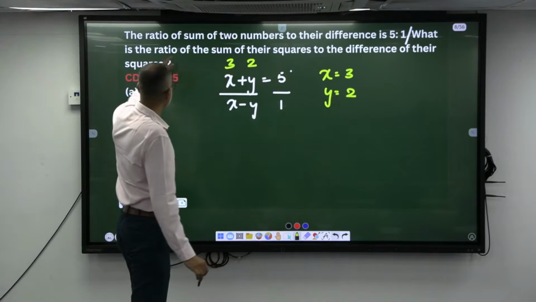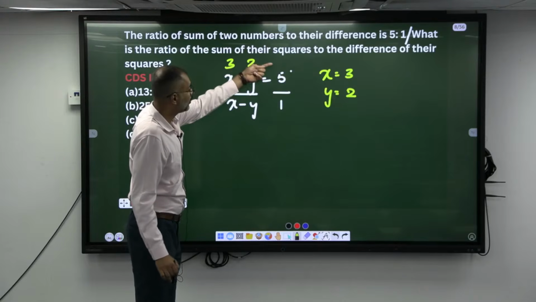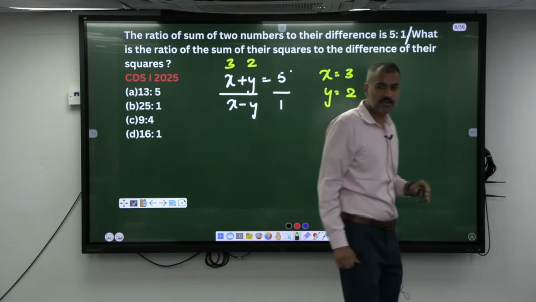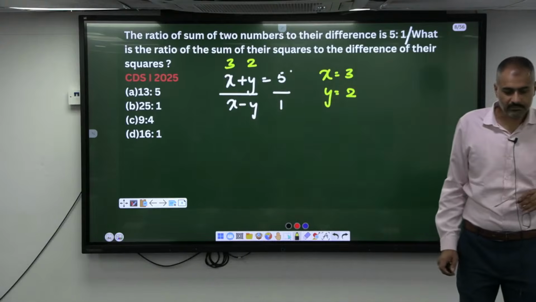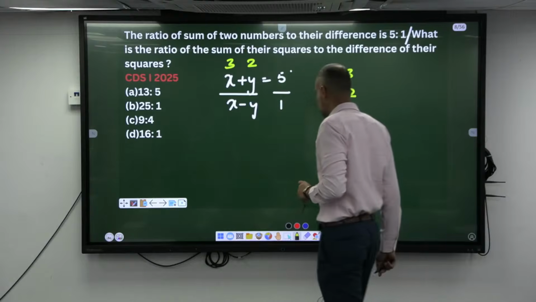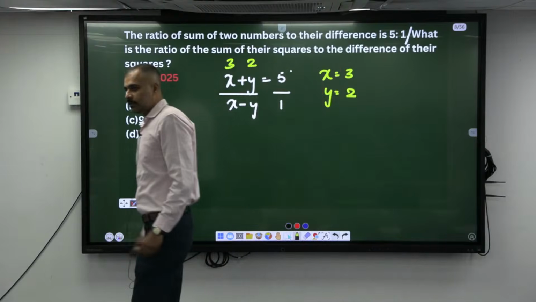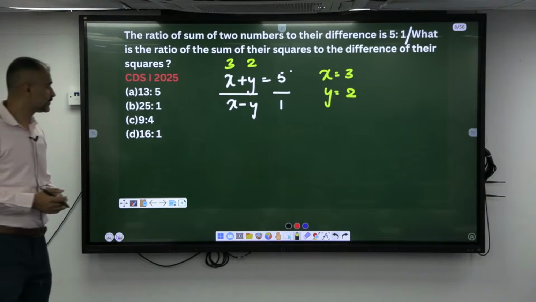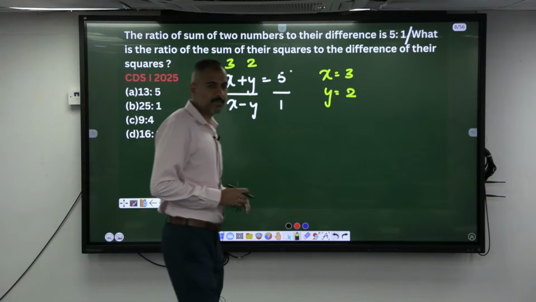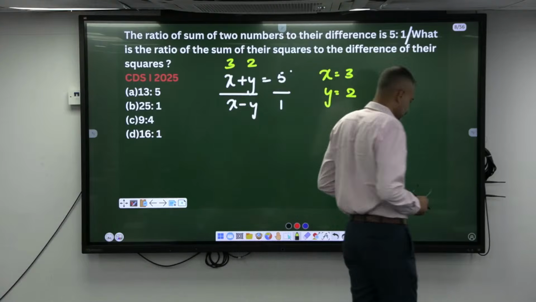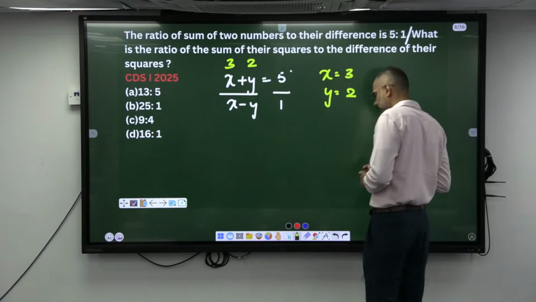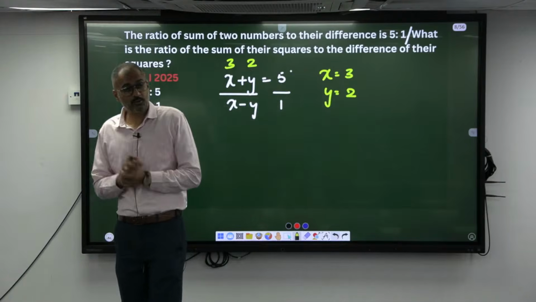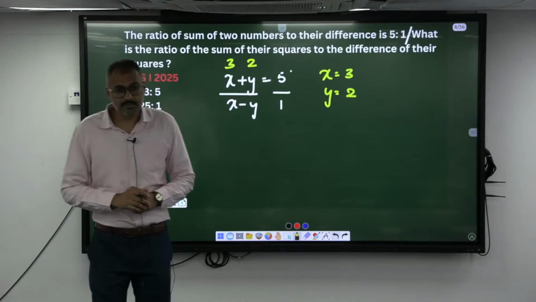What is the ratio of the sum of their squares to the difference of their squares? Again, sum of their squares or square of their sum? Sum of their squares.